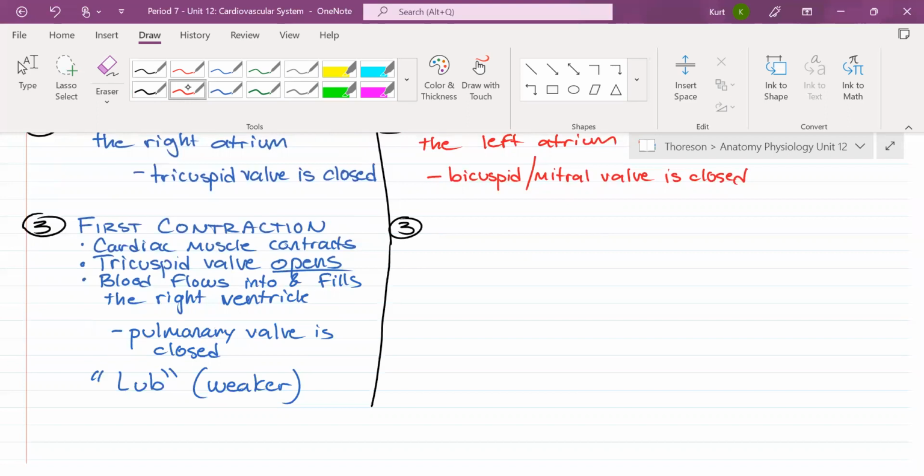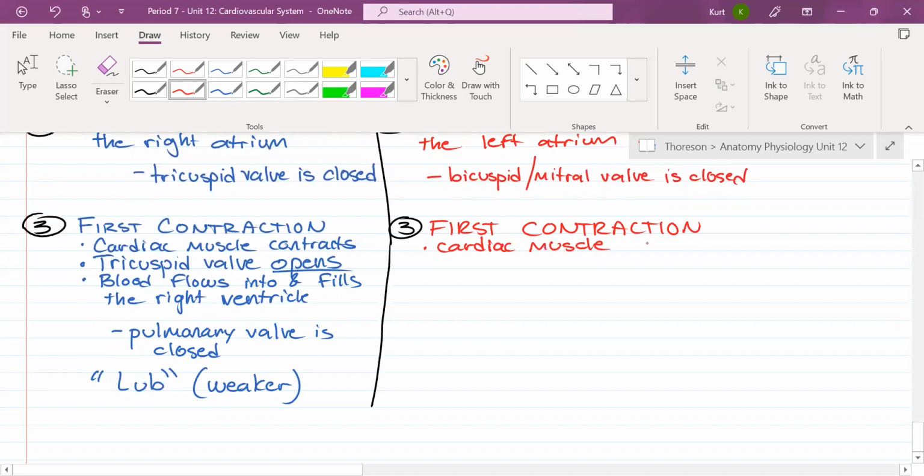At the exact same time on your left side of your heart, you're having your first contraction. So this is one big contraction. Cardiac muscle contracts. The bicuspid, aka mitral valve, opens. Blood flows and fills the what chamber?